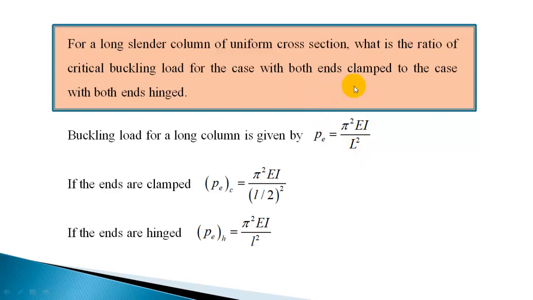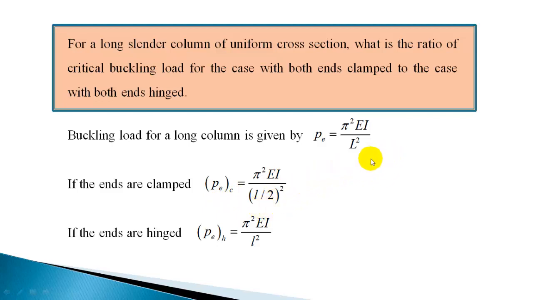When both ends are clamped, the effective length is L by 2. So you can substitute the effective length as L by 2. I used subscript C for the clamped or fixed end. So Euler's buckling load with clamped ends is pi square EI by (L by 2) square.